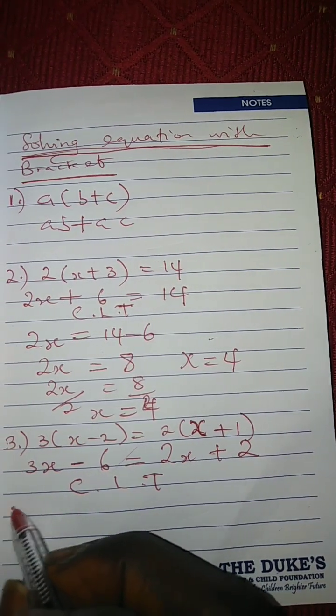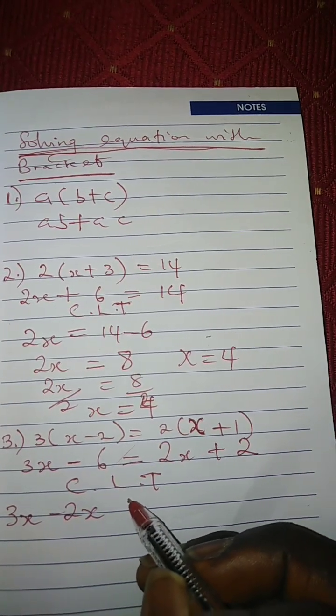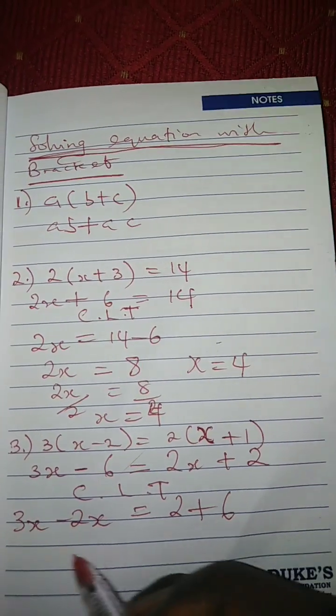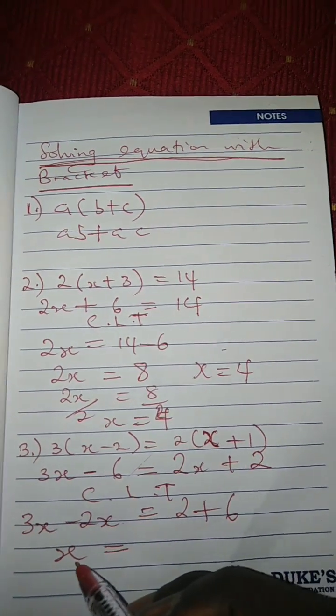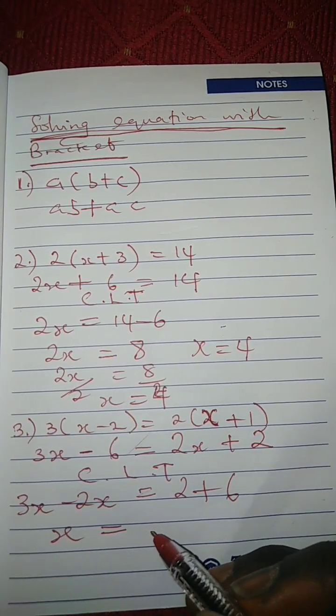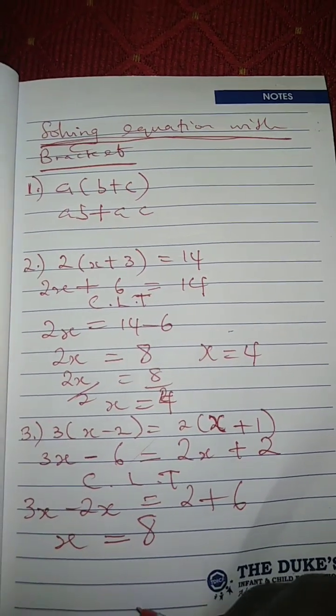So I have 3x minus 2x equals 2 plus 6. So 3x minus 2x, that will give me x. Then 2 plus 6, that will be 8. The value of x is 8 here.